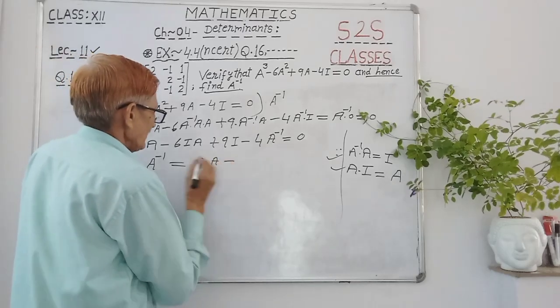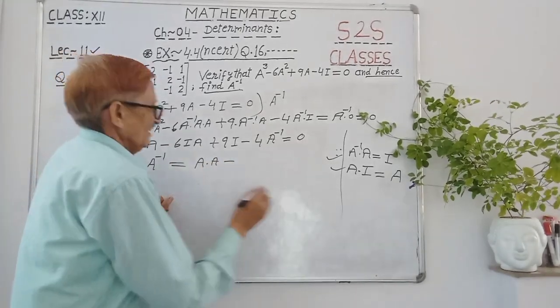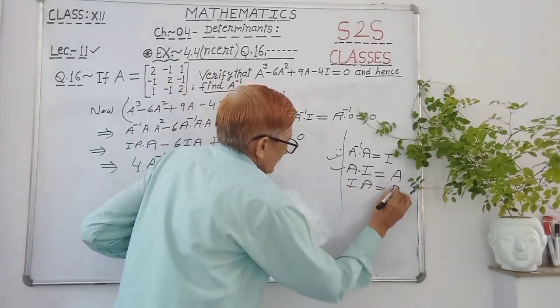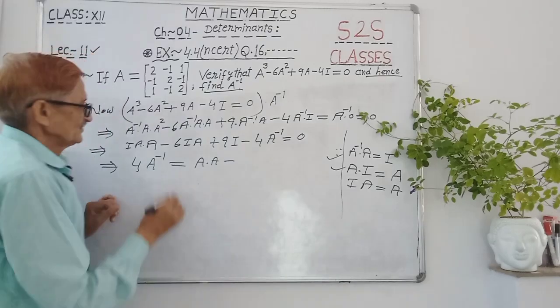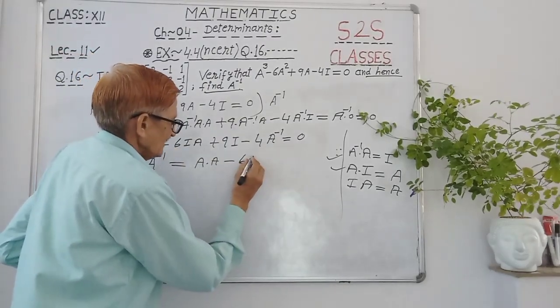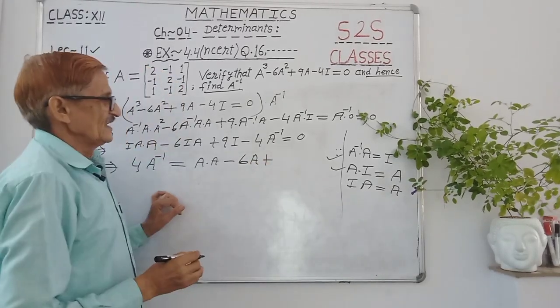Minus 6 I into A or A into I, both is equal to A. So minus 6A, plus 9I.